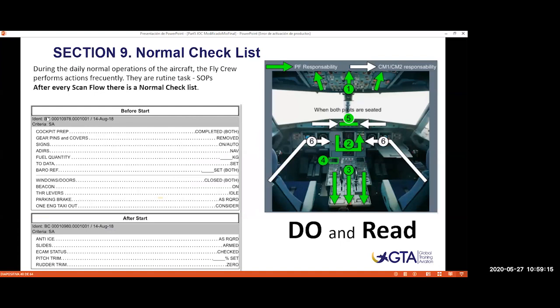The checklist is something the pilot flying requests from the pilot monitoring, and the pilot monitoring has to read it, and answer to the pilot flying. Remember, in this case, we first do the scan flow, and then read the checklist.